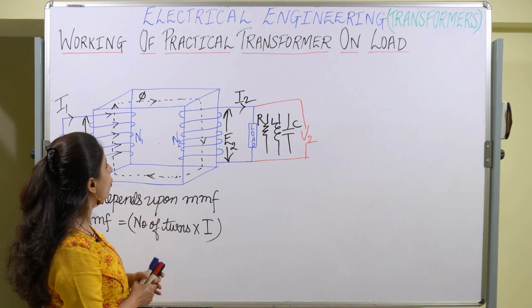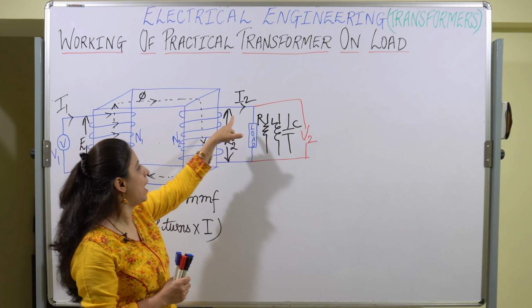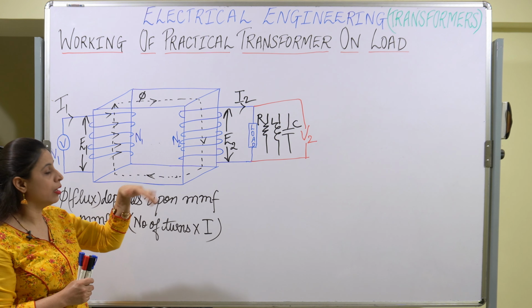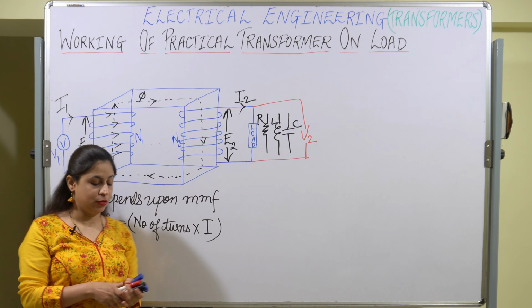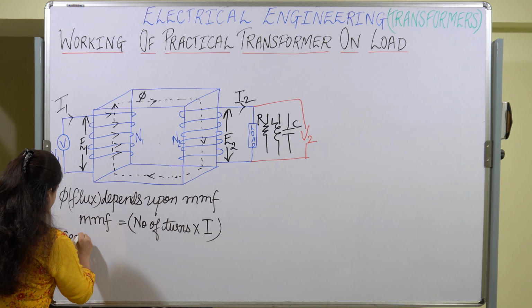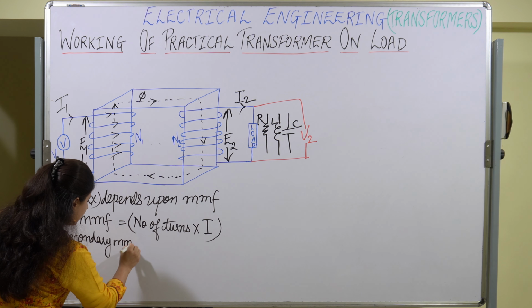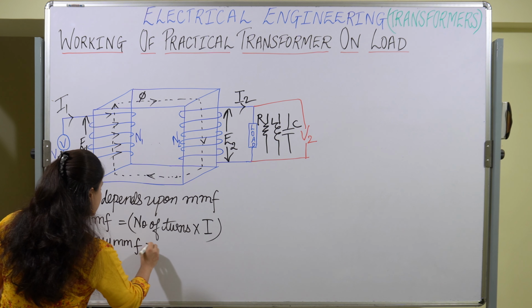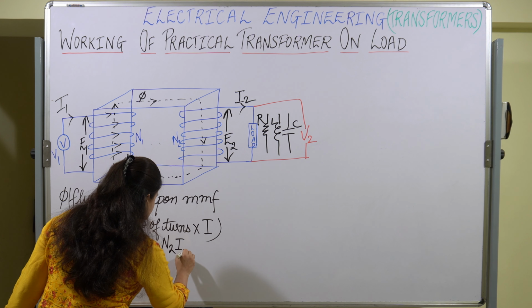Now here we can see that in the secondary side, because of the current I2, a secondary MMF is created, and that secondary MMF is given by N2 I2.